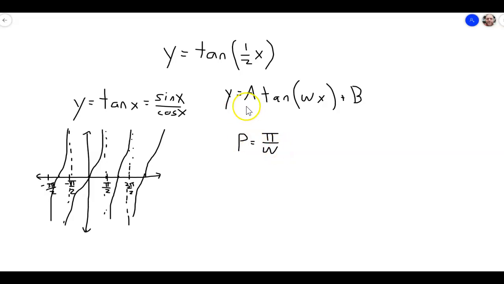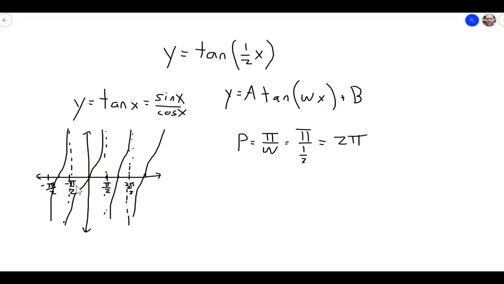So in our case, our omega is 1/2. So our period for our new function is just going to be pi divided by 1/2, which is equal to 2 pi.